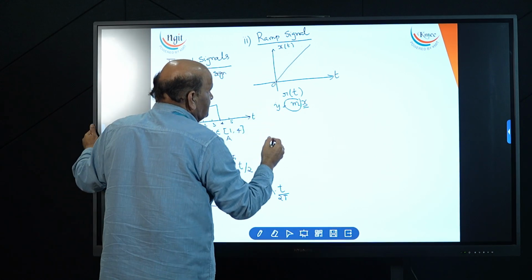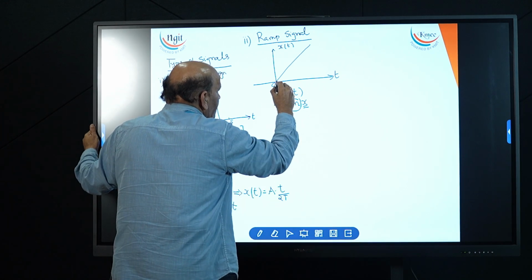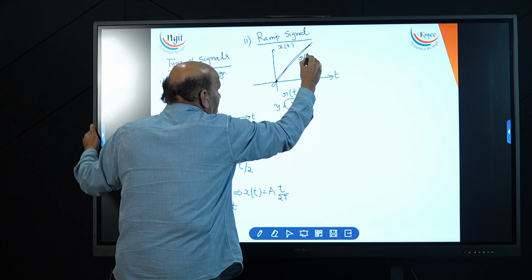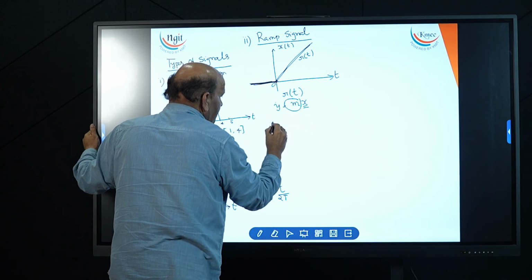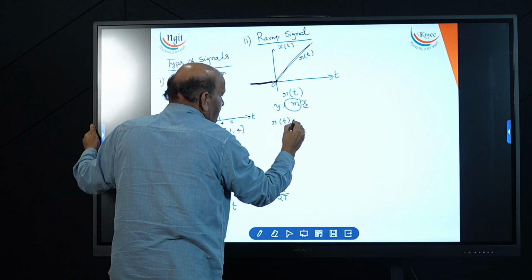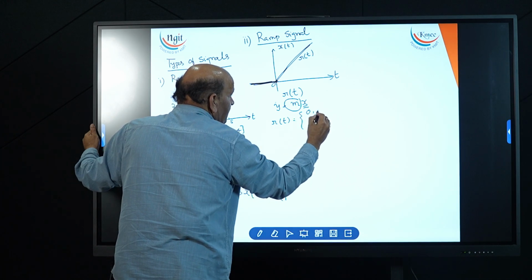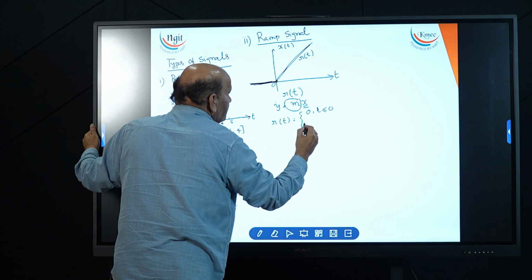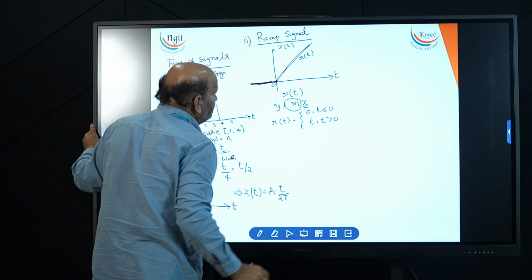Now ramp function. How to get the ramp function? Look at, from 0 it ranges like this. This is the ramp function. Up to here it is 0. Therefore, the ramp function representation is equal to 0 when t is less than or equal to 0, but equal to t when t is greater than 0.